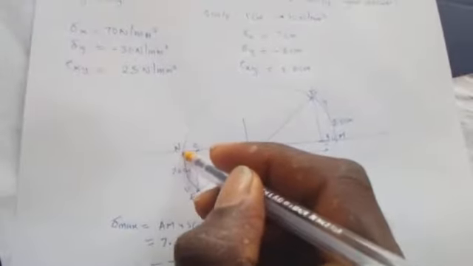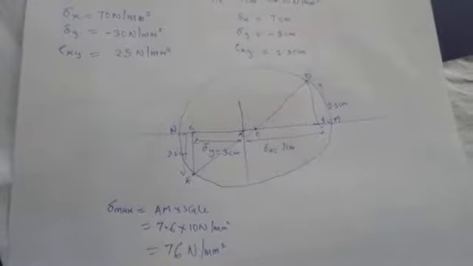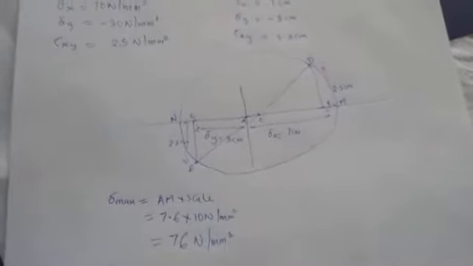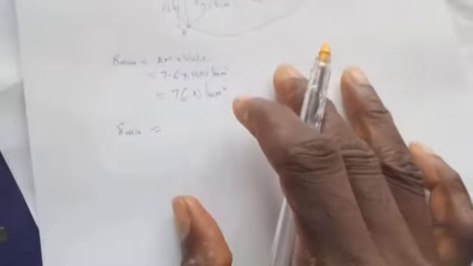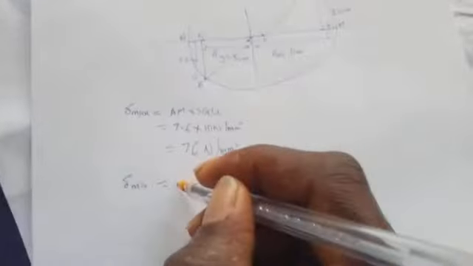That's my maximum. So automatically, from A to N will be my minimum. My minimum principal stress is going to be AN times scale.